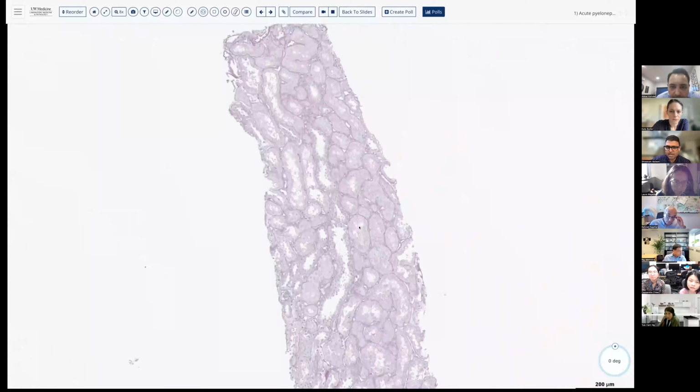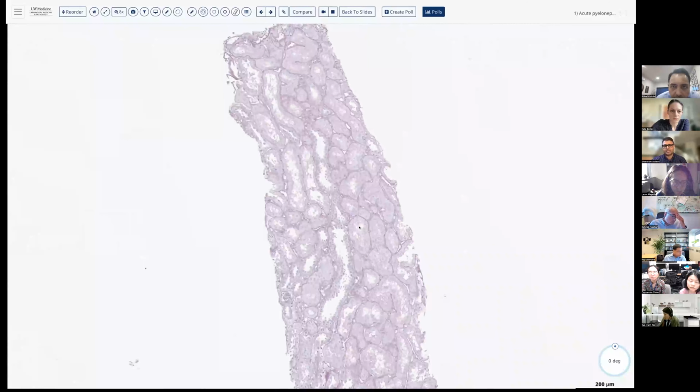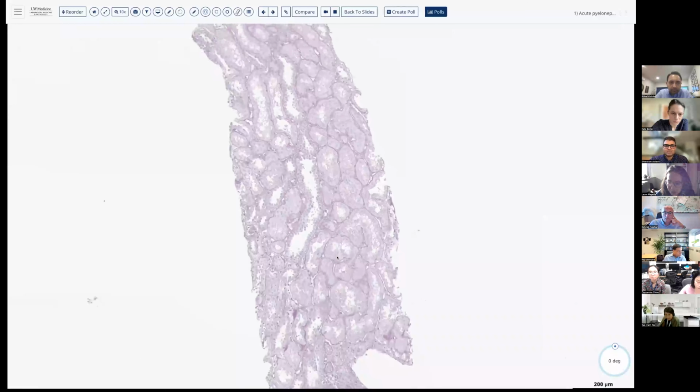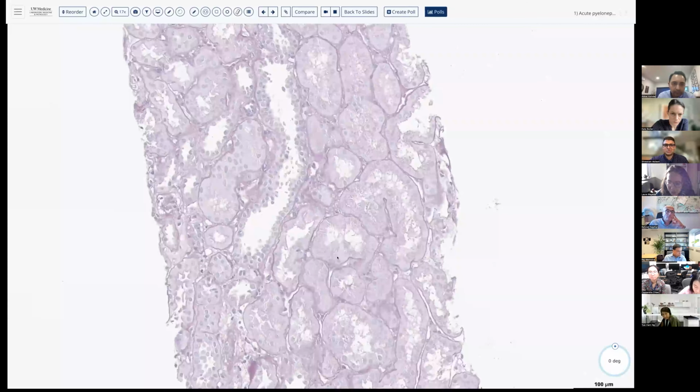Generally, when we think about rejection in the kidney, we're looking for mononuclear cell inflammatory infiltrates that distend the interstitium and push the tubules apart. This might be associated with interstitial edema as well. I'm asking you to imagine this in your mind, but we're not seeing that here.